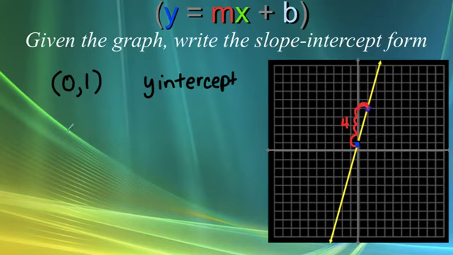I'm going over 1. So my slope would be 4 over 1, which is 4. So then I can plug those values directly into slope-intercept form, and that would give me y equals 4x plus 1. All right, guys, that's a reminder video on slope-intercept form.